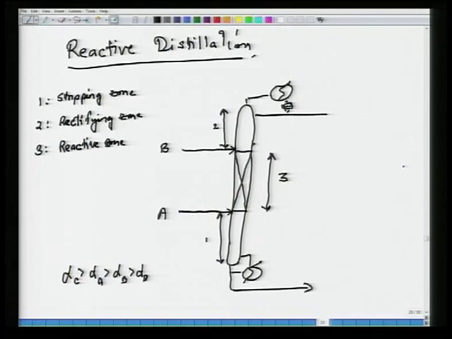So the A tends to go up, the B tends to go down, and you will get a lot of A-B reaction in the reactive zone. Okay. If you did it the other way, if you had put A up and B down, then the A would have escaped up the top, B would have escaped down the bottoms, no reaction.